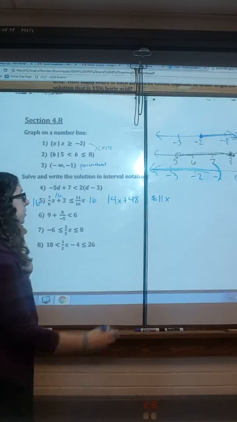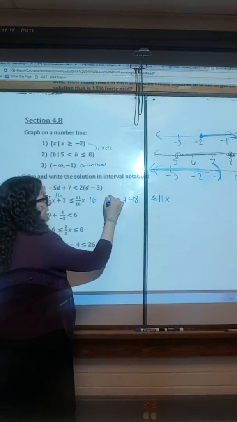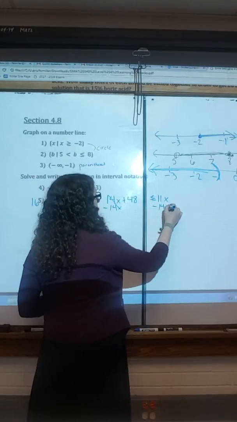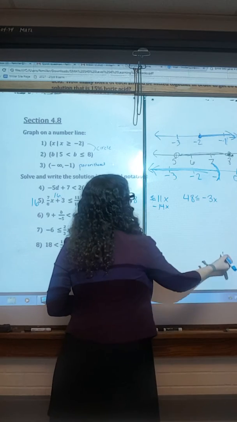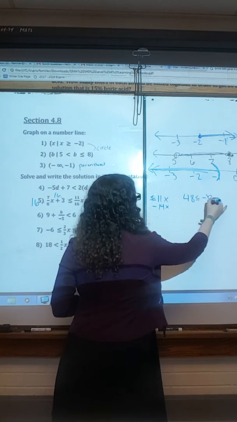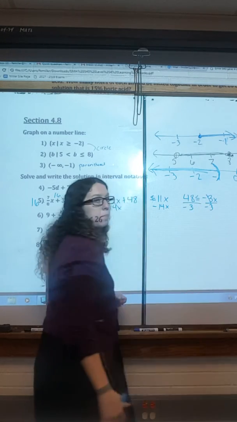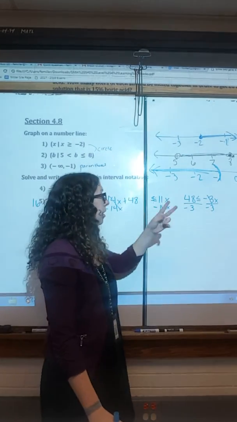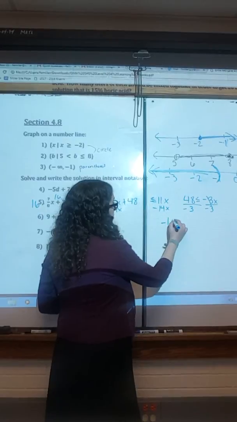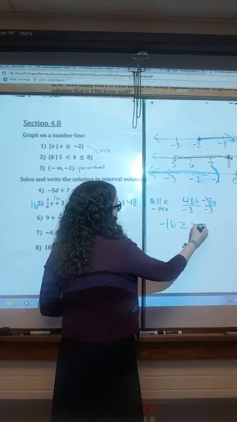So then what we're going to do is subtract 14x from both sides. We get 48 is less than or equal to -3x. And then we divide both sides by -3. Remember, when you divide by a negative or multiply by a negative, when you have inequalities, it changes the way the inequality points. So this would be -16 is greater than or equal to x.